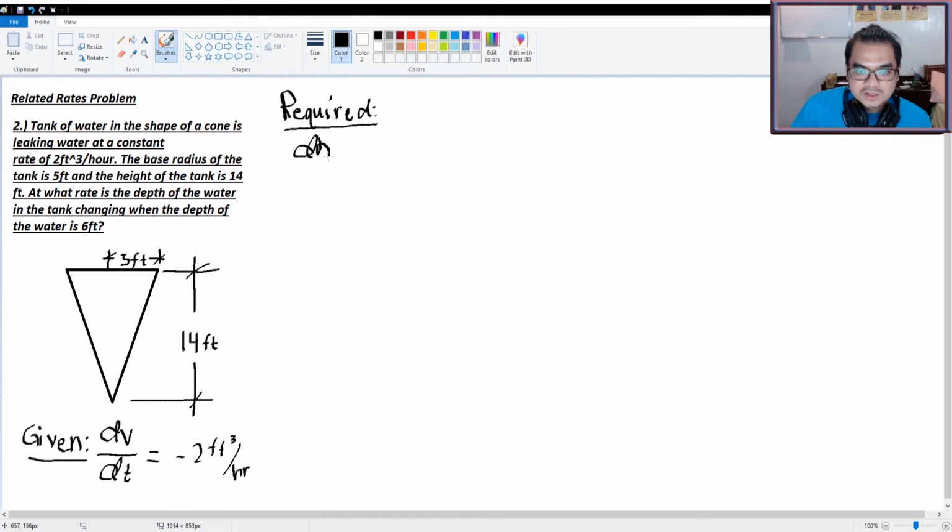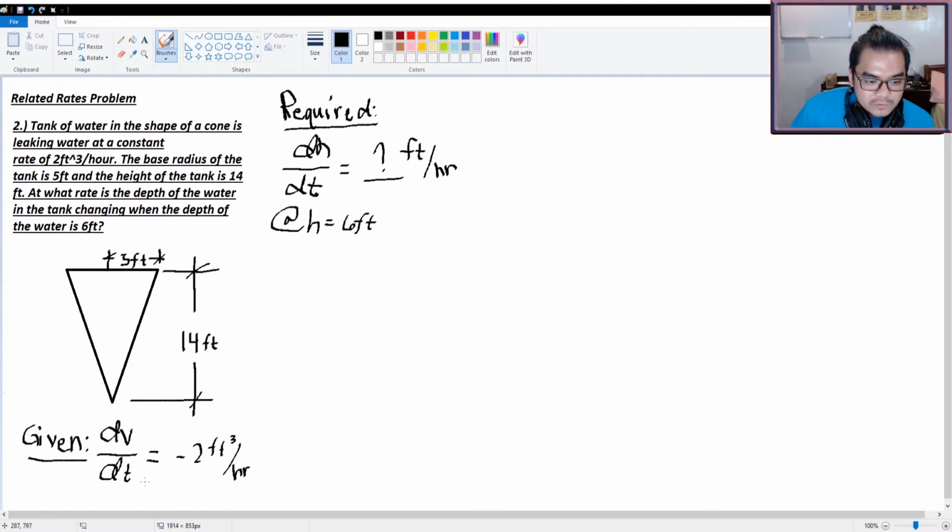So we'll have here dH over dt. Since that's dH, that's height, that must be feet with respect to time. So since this is in hour, what we will get here must also be in hour. But we have here a condition: at depth of water is 6 feet. Therefore, your H must be 6 feet.